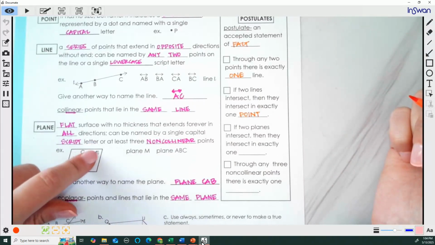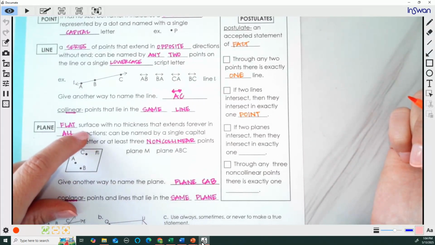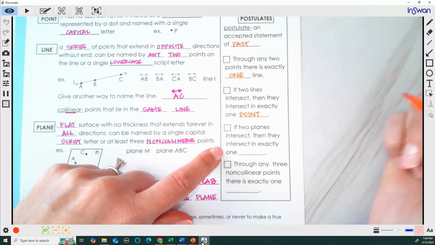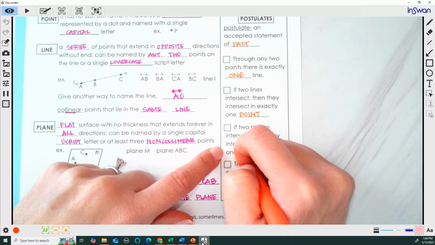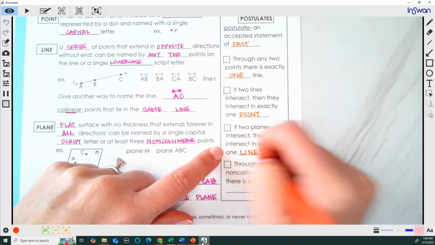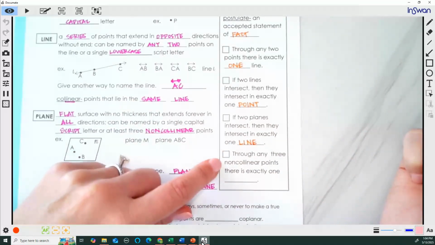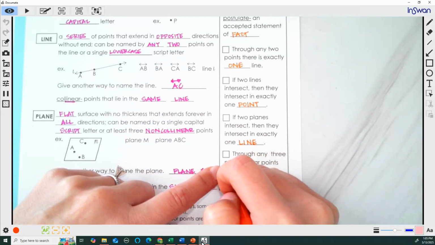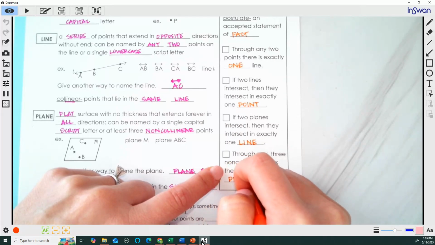Now if we have 2 planes, so remember this flat surface with no thickness that extends forever in all directions, if we have 2 planes that intersect, they intersect in exactly 1 line. And last postulate, through any 3 non-collinear points, there is exactly 1 plane.